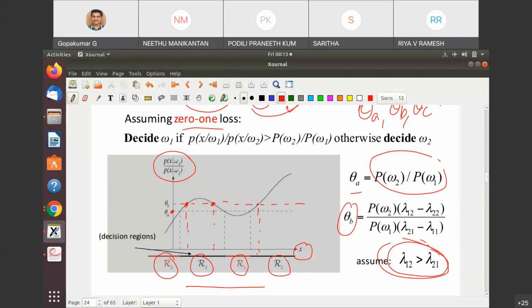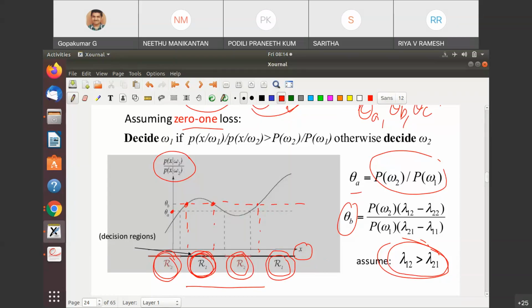Just to get an idea, we'll have the decision regions for different values of x. And we can see that the regions are not simply connected. So R1 is some part of the decision region here, and another set here, and this is R2, and R2 is also split.